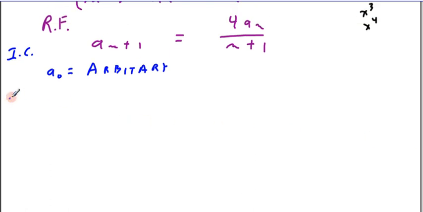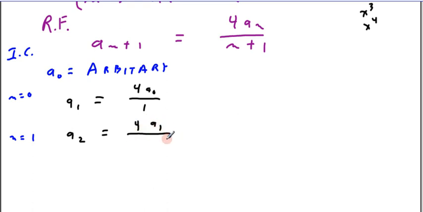I'm then going to look at n is equal to 0. At n is equal to 0, I got A1 is equal to 4 A0 divided by 1. And then I look at n is equal to 1. I'm going to end up with an A2 is equal to 4 A1 divided by 2.